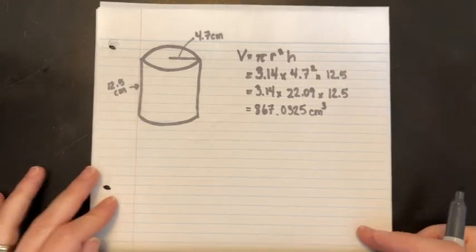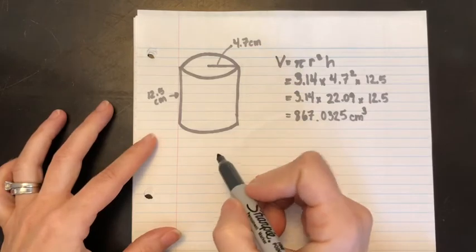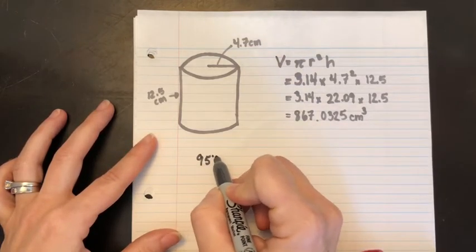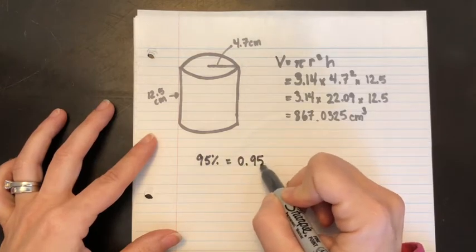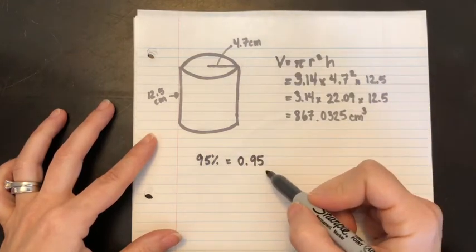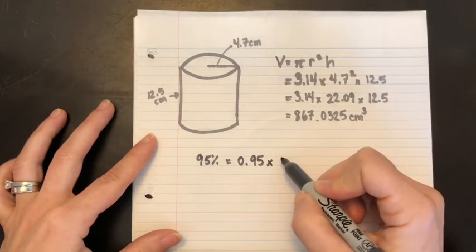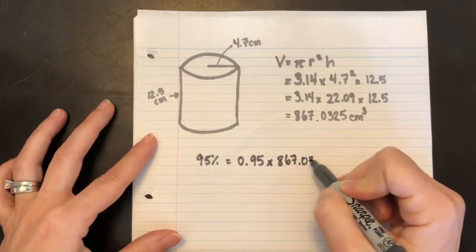So what I'm going to do to find that 95% capacity is I'm going to turn my 95% into a decimal, which becomes 0.95. And then to find 95% of this amount, I'm going to multiply by that decimal. 867.0325.